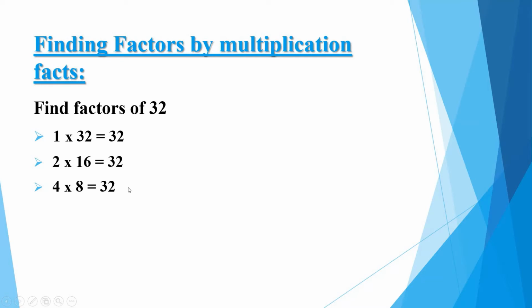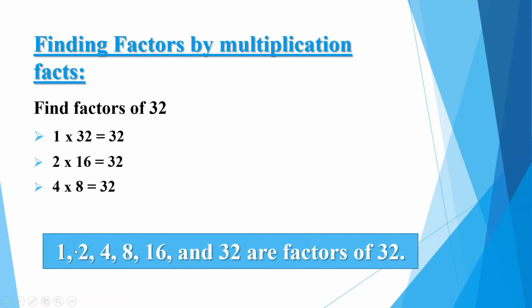Now we will have to stop calculating here, as the numbers will even be the factors of 32 when the numbers get reversed. Hence, we can say that the numbers 1, 2, 4, 8, 16 and 32 are the factors of 32. I hope you have understood it. If not, please go back and replay the video.